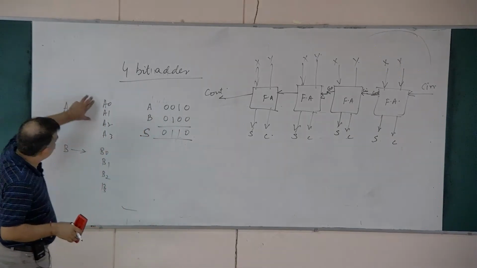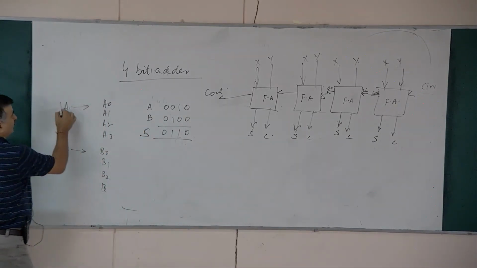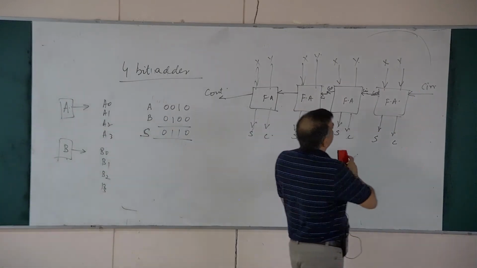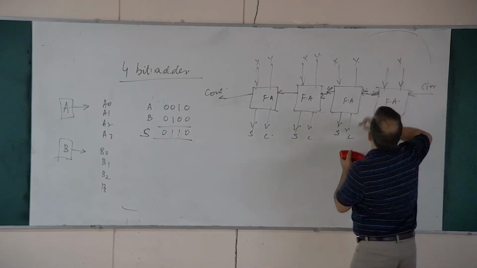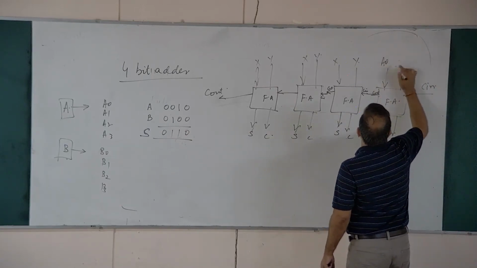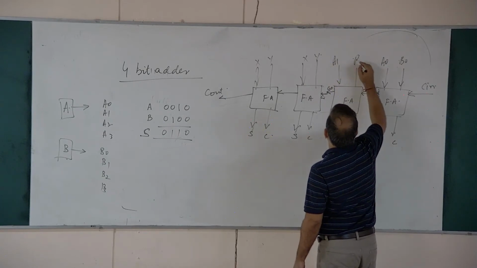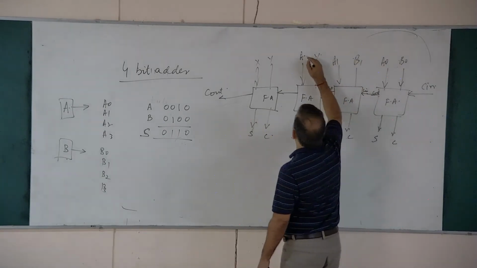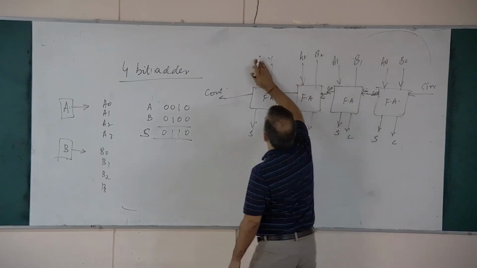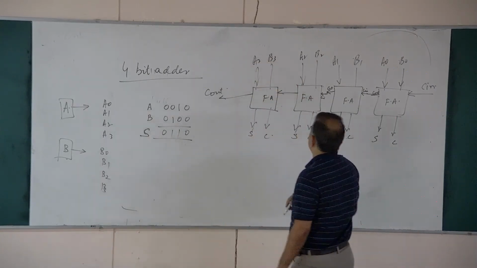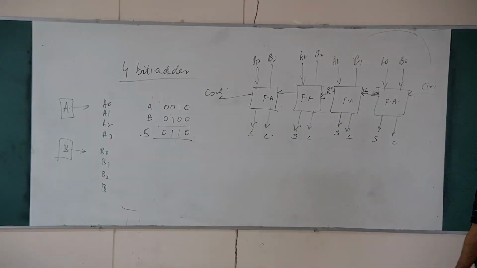Now, how do I show these two registers A and B? If I rename these legs here, if I say this is A0, B0, A1, B1, A2, B2, A3, B3, then how do I show sum and carry?